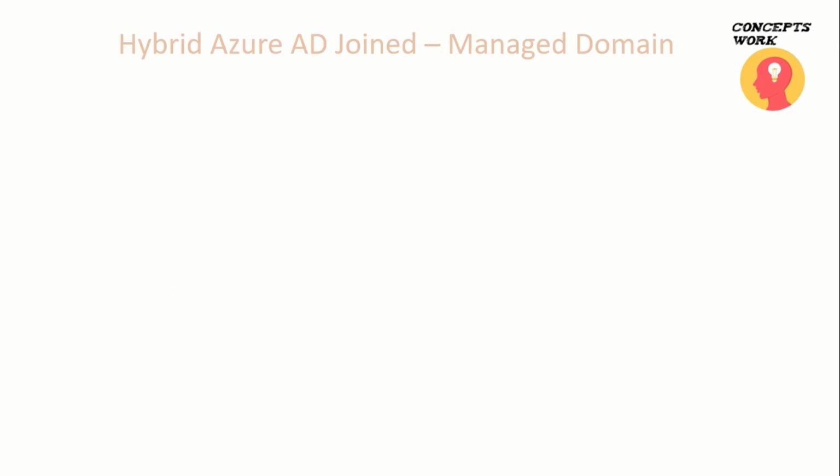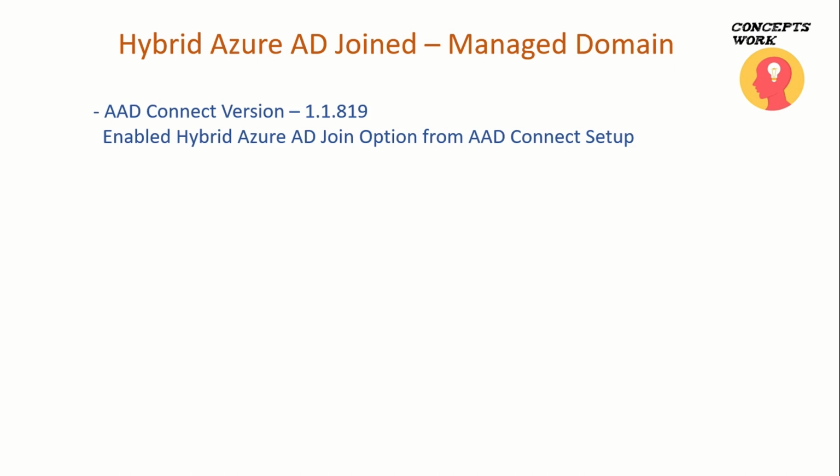Now let's talk about more details which are required for a managed domain to implement the hybrid Azure AD join feature. The very first thing is that your AAD Connect should be at least version 1.1.819. This is the first prerequisite from a setup perspective, and the reason behind this is that the console itself will give you the option to configure hybrid Azure AD join.